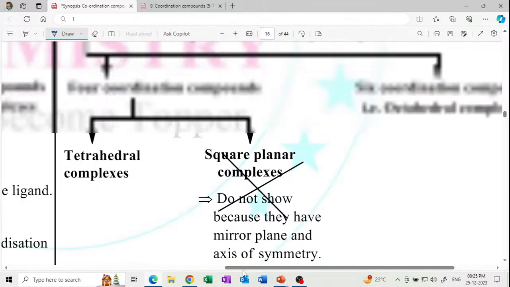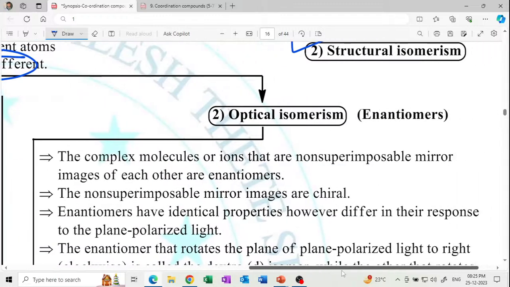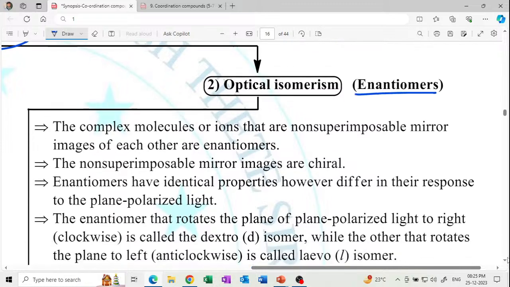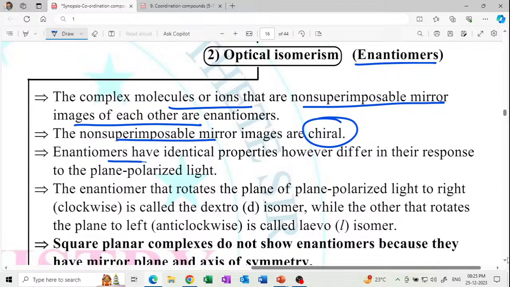आता त्यानंतर ऑप्टिकल आयसोमेरिझम. ऑप्टिकल म्हणजे इनॅन्शिओमर्स. These are the enantiomers or optical isomers. ऑप्टिकल म्हणजे काय? These are the non-superimposable mirror images of each other. Non-superimposable, the molecule should be chiral. Enantiomers have identical properties but differ in their rotation of plane polarized light.